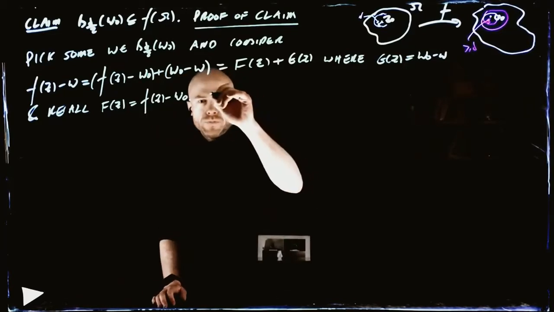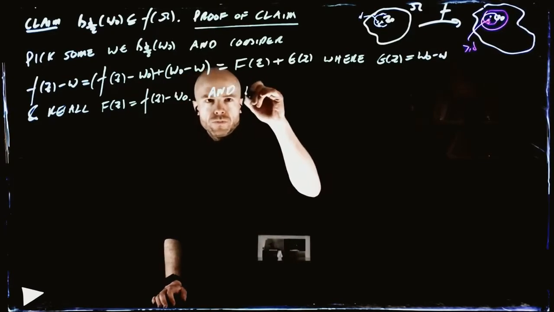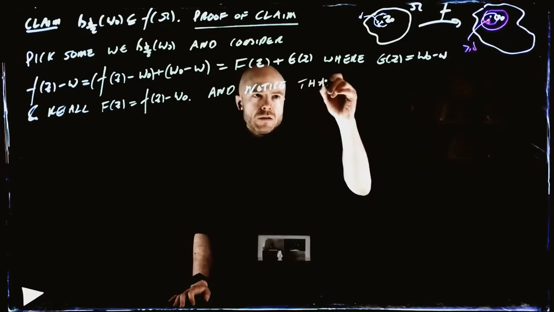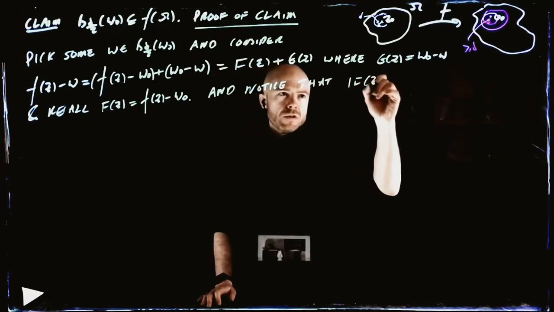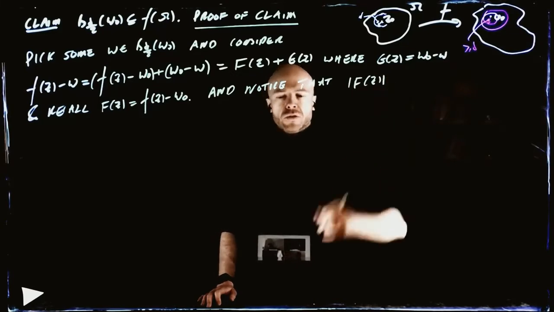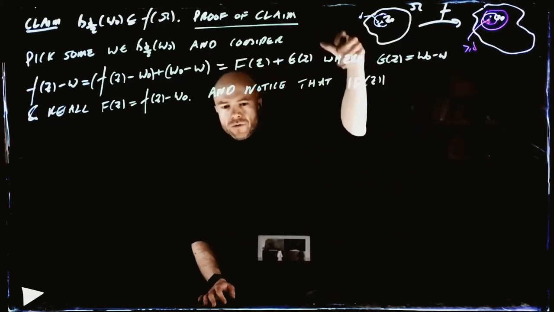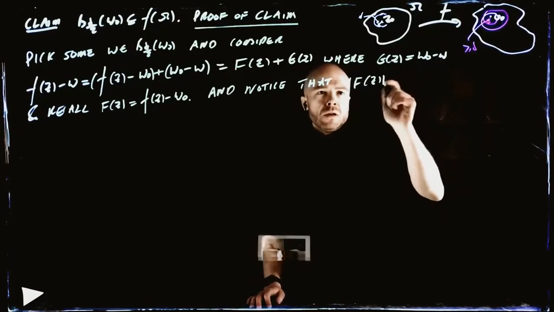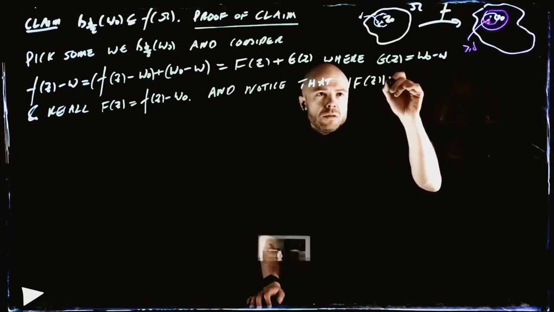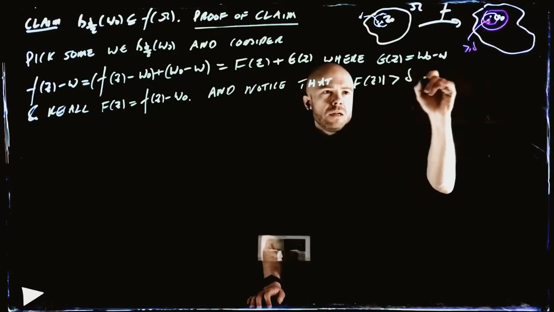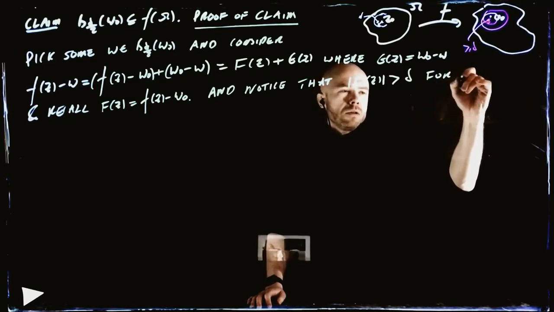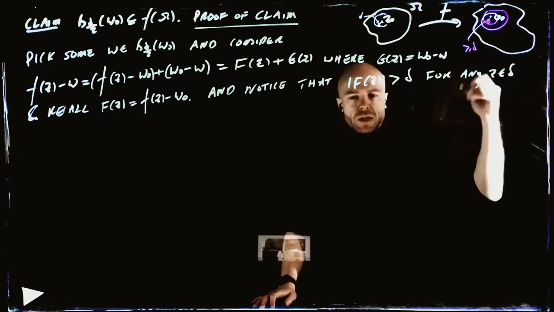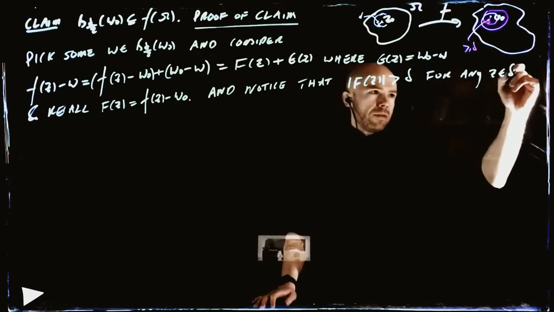And note that the absolute value of capital F, for any z around the boundary of the ball of radius r around z0, is bigger than delta. This is how we found this delta, right?